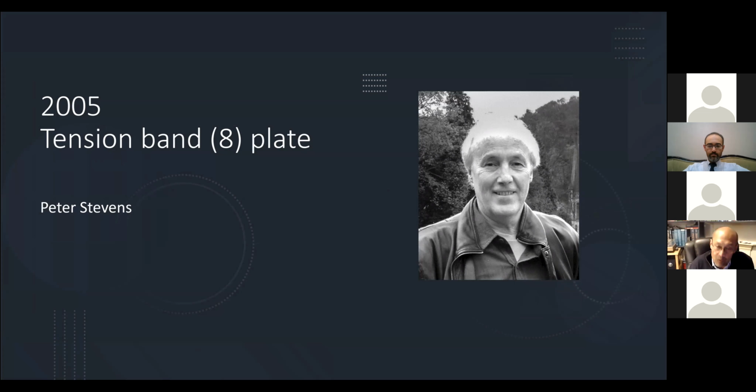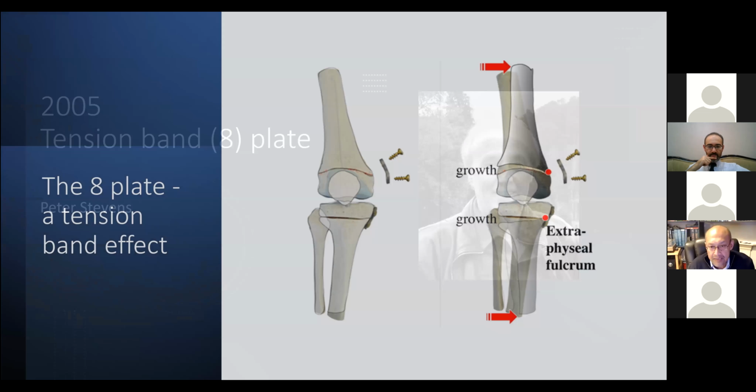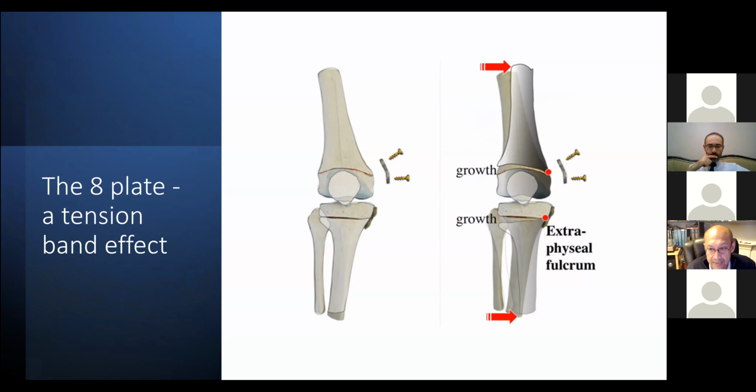I will come back to staples a little later because much of the work done by Blount still has great relevance for guided growth users today. But Peter Stevens, in 2005, introduced a much less invasive and much more user-friendly way of modulating growth: the 8-plate, or tension band plate. The principle is very straightforward.